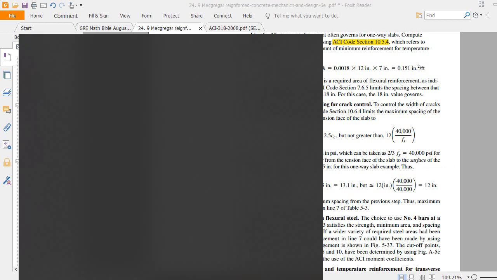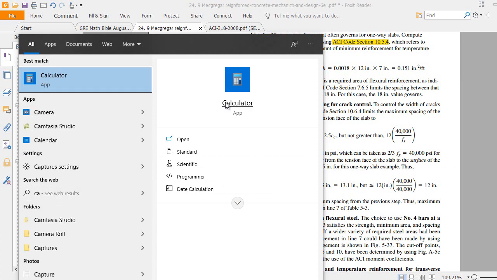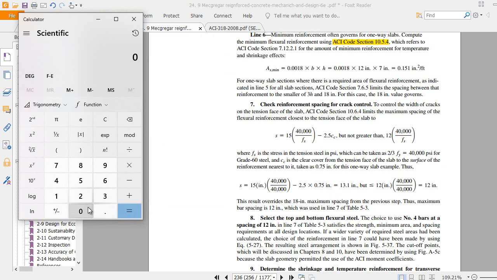So let me show you, for example. 0.2 divided by 0.151 comes out to be 1 point something, times 12. So you see 15.89.